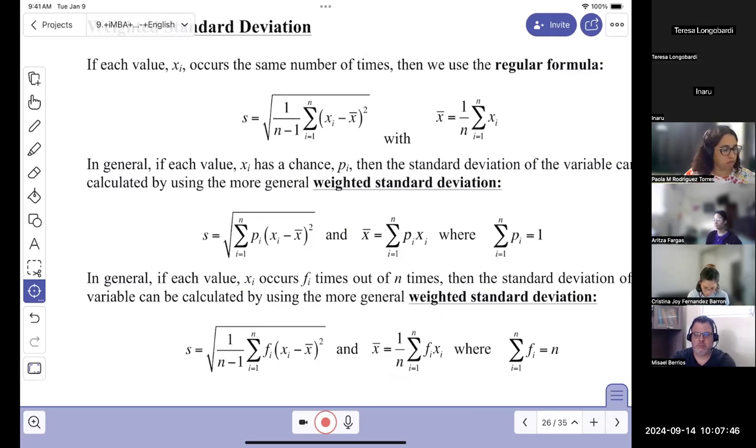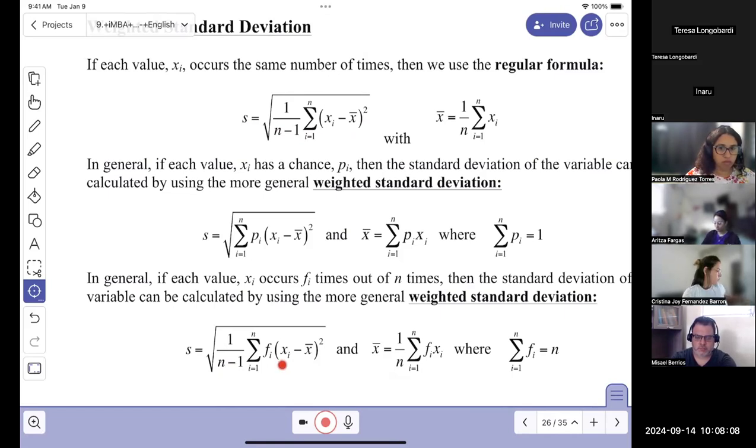You don't want a small standard deviation if it's wrong. You prefer to overshoot your standard deviation rather than to underestimate it. So this adjustment makes sure your standard deviation is a little bit bigger and captures the spread of the data.